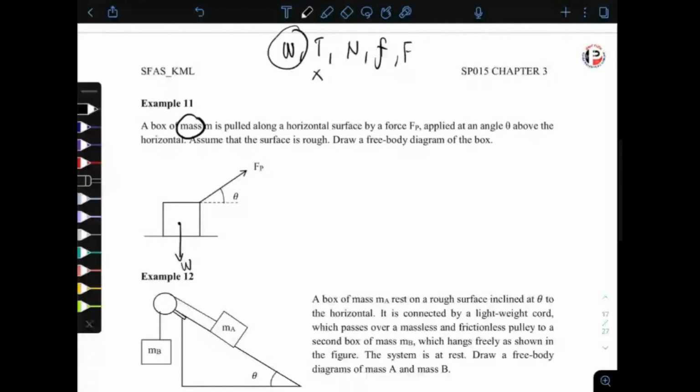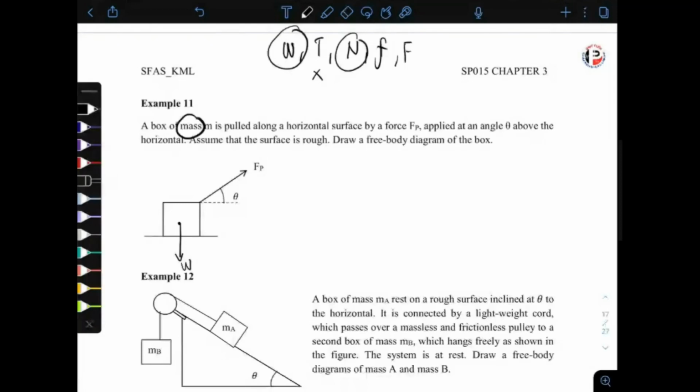Normal force. Bila kita akan ada normal force? Ada surface. Apa agent untuk normal force? Surface. Is your object on surface?